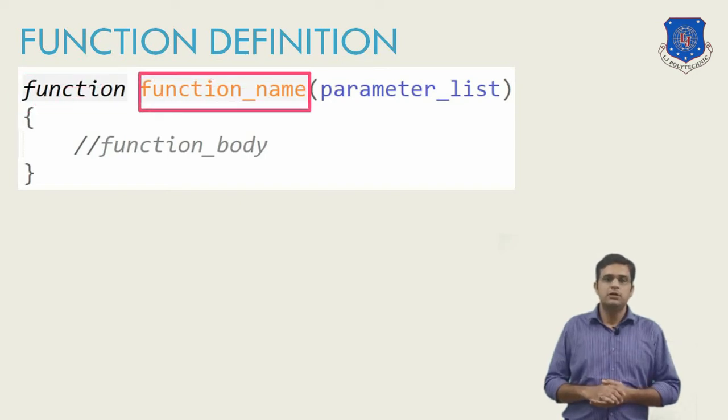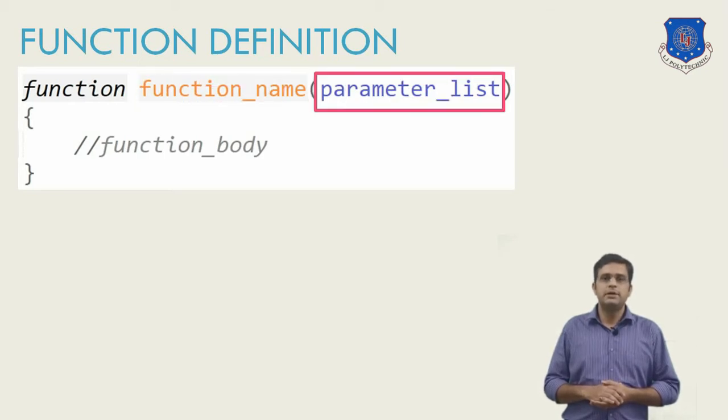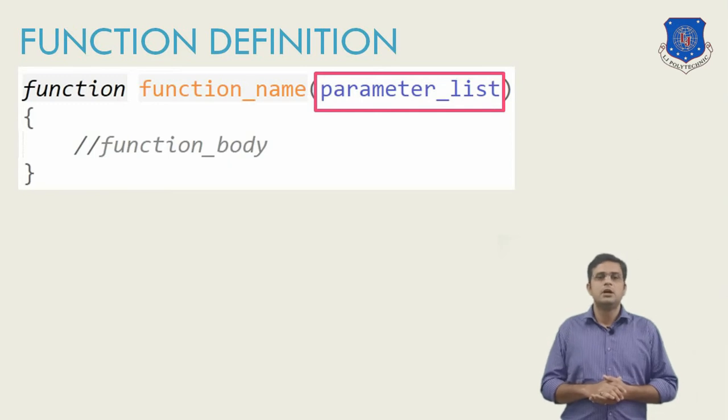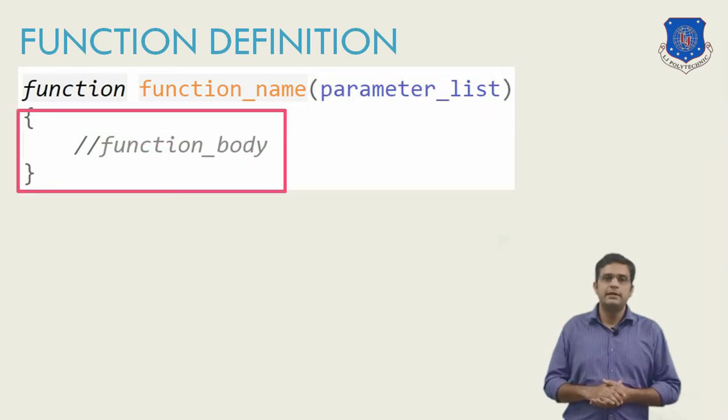You can give any name to your function except keyword names and names of built-in functions in PHP. At the end, you mention the list of parameters in brackets as shown in the syntax. The function body is defined by using curly braces. You can write your code inside this function body.